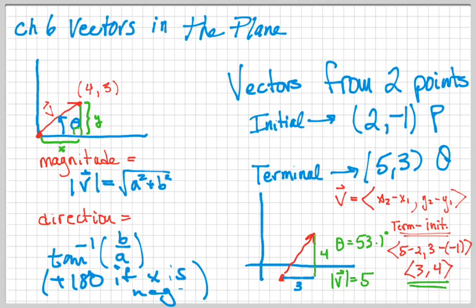Like, wait a minute, 225 is in the third quadrant. If I draw the vector in the third quadrant and you actually find theta, it's going to say 45 degrees. Like, I know that 45 is in the first quadrant. My vector is clearly drawn in the third. So it's actually 225. If you do inverse tangent, it will only give you a result in the first quadrant or the fourth quadrant. So if x is negative, being on the other side, you have to add 180 to it. If you remember that, direction's easy. Questions?